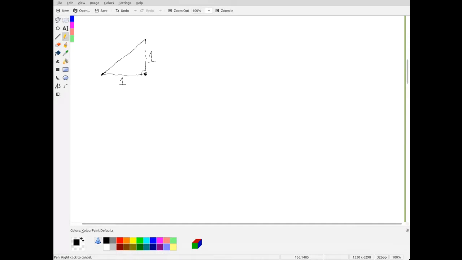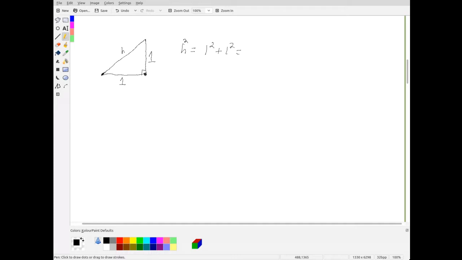And so using Pythagoras theorem, we know that the hypotenuse squared is equal to 1 squared plus 1 squared, right?